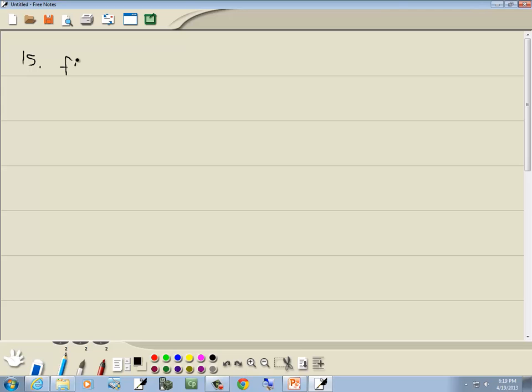And again, our second derivative is equal to cosine. And our f prime of 0 is equal to 1. And f of 0 is equal to 4. Okay. Well, we start with our second derivative.